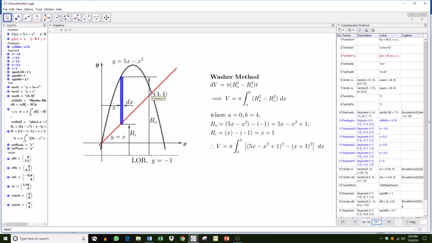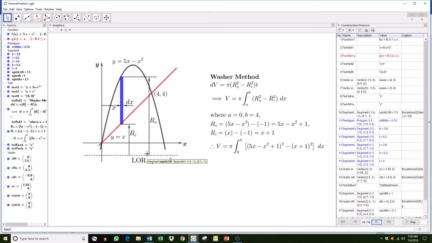So the best way to get this, please pay attention to this part, the best way to figure out R sub O is, because we are measuring this distance vertically, the y value at the top point minus the y value at the bottom point. That's it.